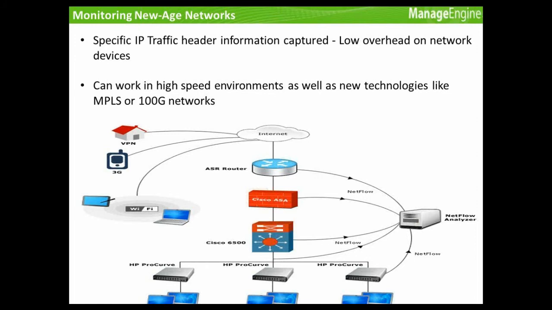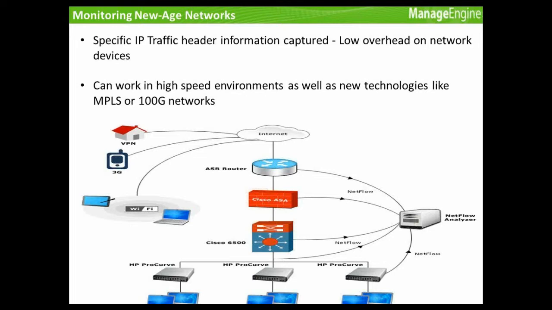And something else is your new age networks, which we talked about, bigger, faster, and complex. So the NetFlow use case is that you can deploy NetFlow in any type of network, whether it's 100 gigabit or 10 gigabit or 1 gigabit, or even a big network with hundreds or thousands of network devices, or even very vast networks where you cannot implement an IDS or IPS solution or a packet analysis solution.